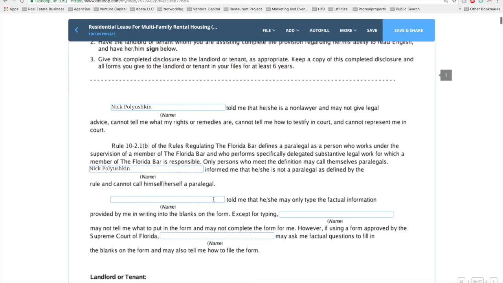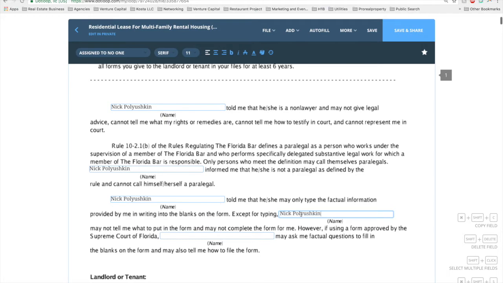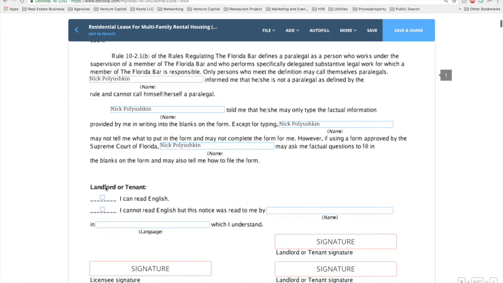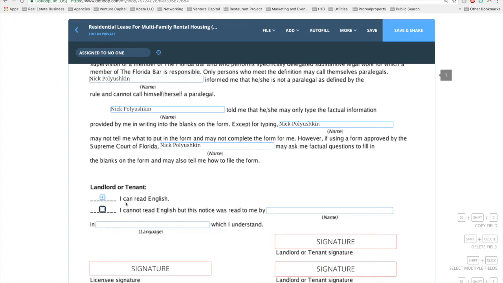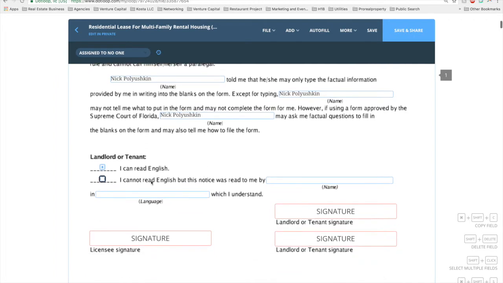Can just copy and paste it. Landlord or tenant. So representing tenant, John can speak English and read English, so we can state that I can read English. If your tenant or landlord is not speaking English, you need to put the bullet point here: I cannot read English, but this notice was read to me by, again, your name, in language.